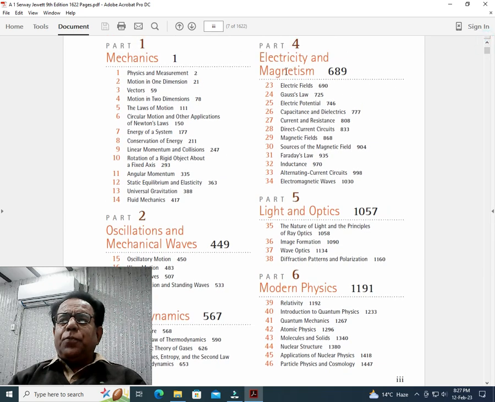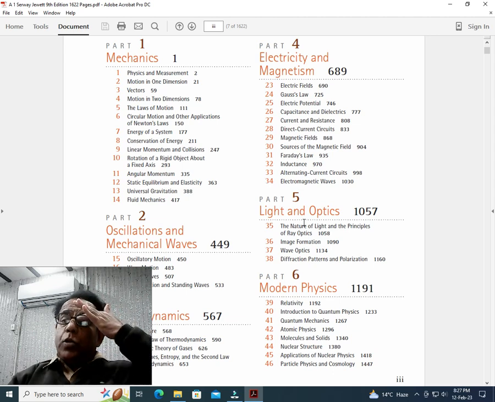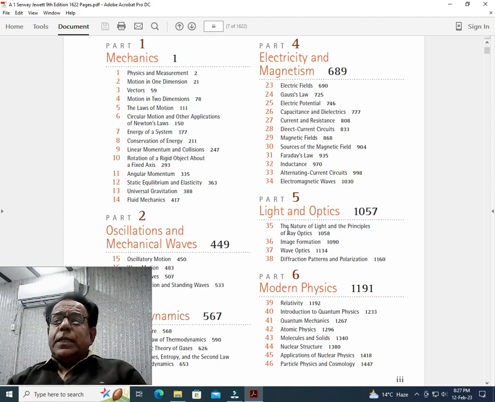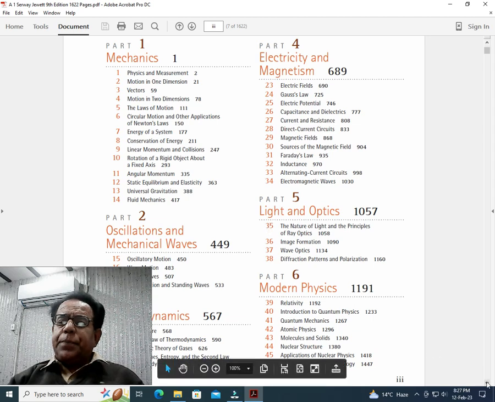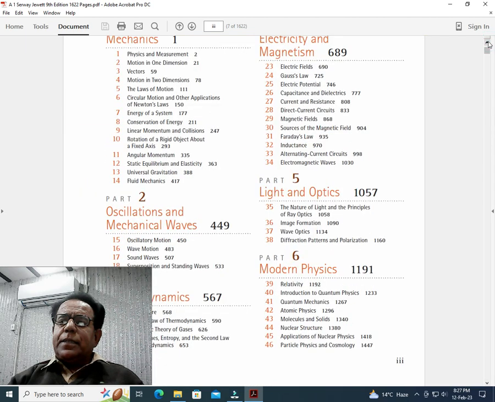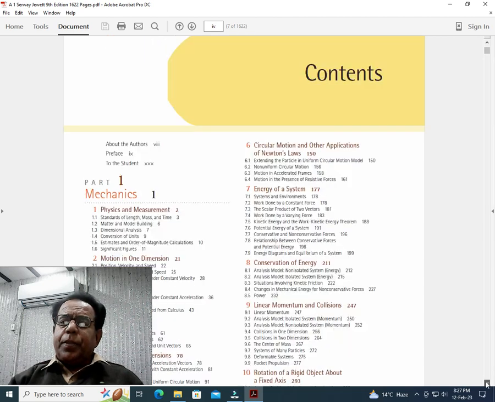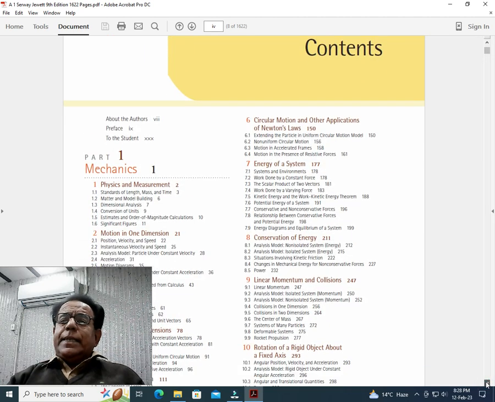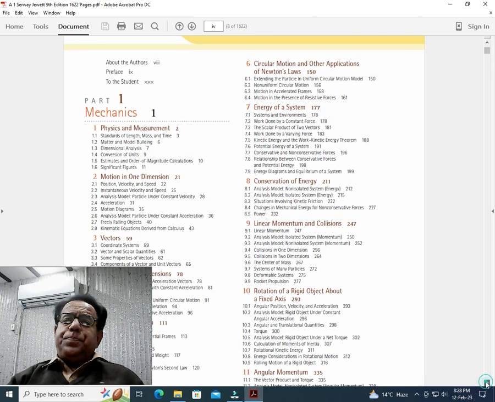Then part 4 contains chapters from 23 to 34, part 5 contains chapters from 35 to 38, and part 6 contains chapters from 39 to 46. These are the contents in detail.